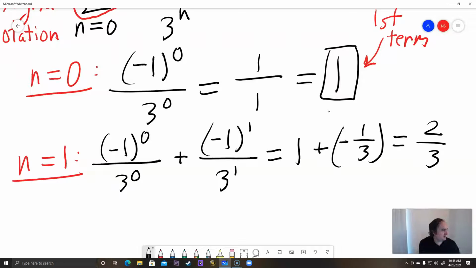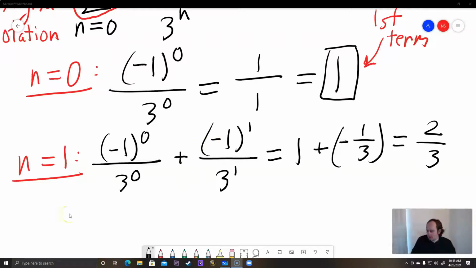So what we got there is 2/3, and so that's going to be our second term. And then let's see. So this can get a little bit confusing. I had to pause for a second to think about this, but what I'm actually showing you here is, this isn't actually the second term. This is actually the second partial sum.